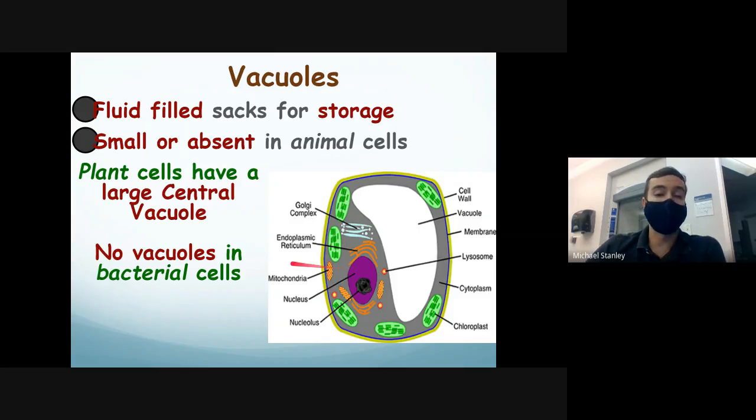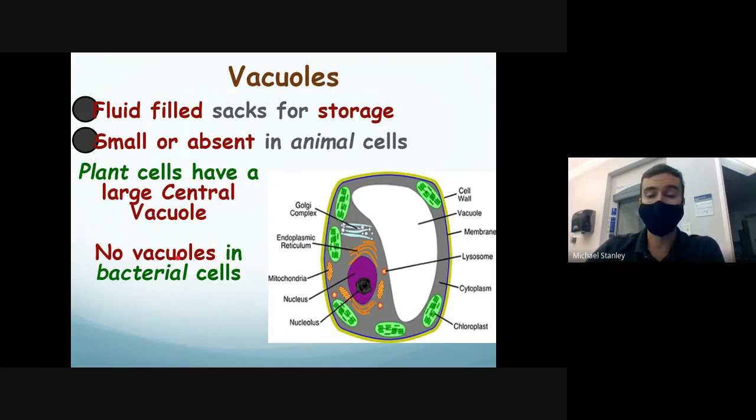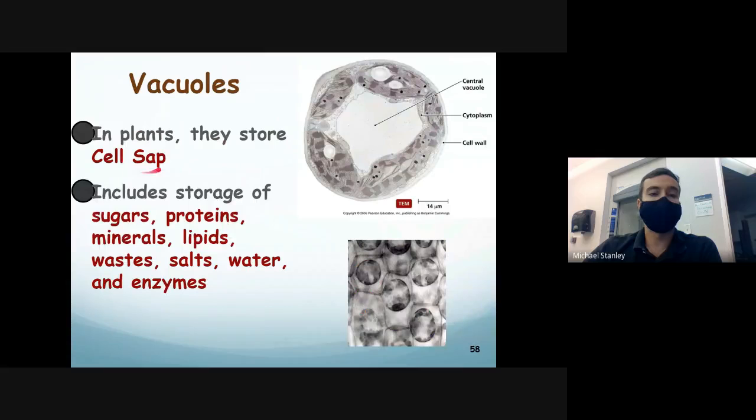Obviously, since it's an organelle, there are no vacuoles in bacteria because they're prokaryotes, and prokaryotes do not have organelles. But in plants, we got this really big central holding area for a bunch of different nutrients and minerals and resources that the plant cell might need in the future. So things like sap, like the sugar that's produced as plants go through photosynthesis.